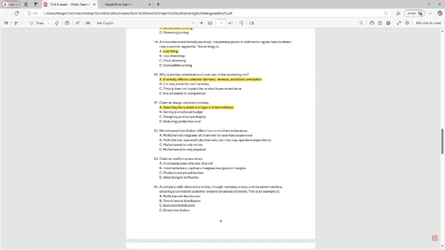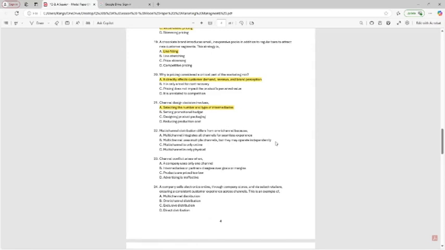So that is the difference. So you can get the answer from that. So multi-channel and omni-channel, what is the difference is multi-channel use multiple channels but they may operate independently.